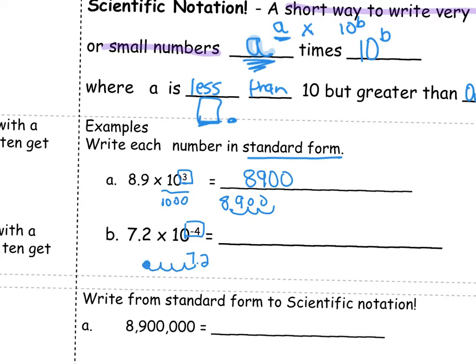That's my new decimal, and I'm going to put in my zeros. So 0.00072. I always go back and double check. So here, if my decimal was here, I had to move it 1, 2, 3. That looks good. My decimal was here. I had to move it 1, 2, 3, 4 to the left.